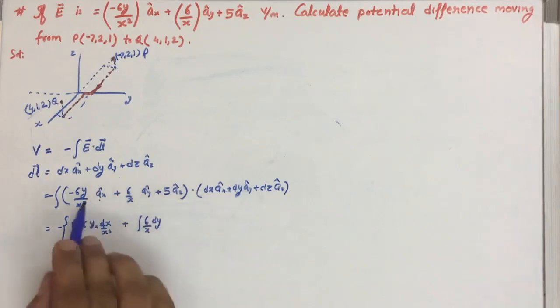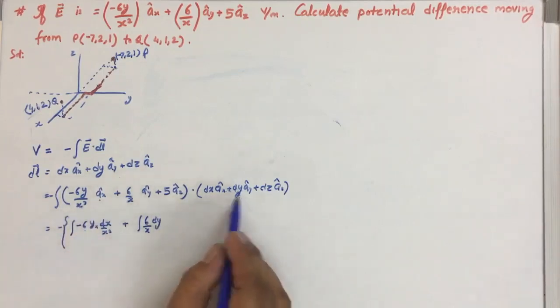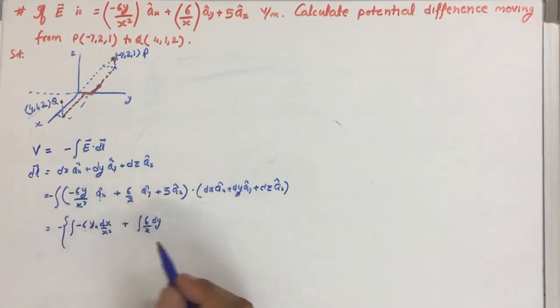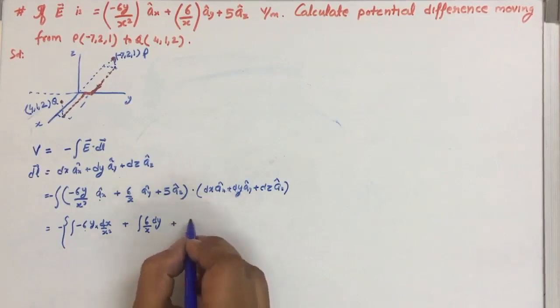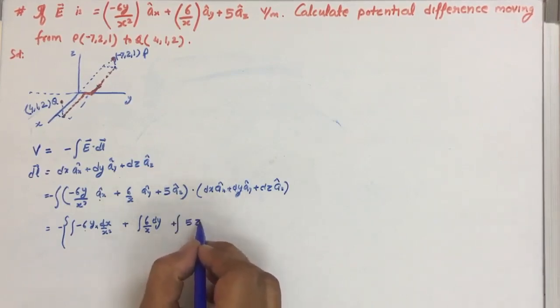So this term will be available, this term will be available, plus 5z, 5dz.